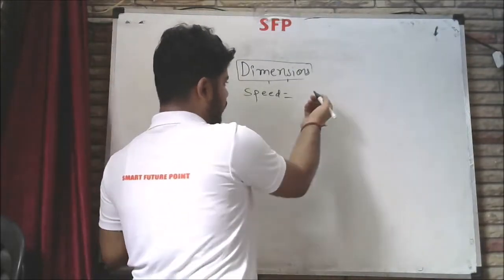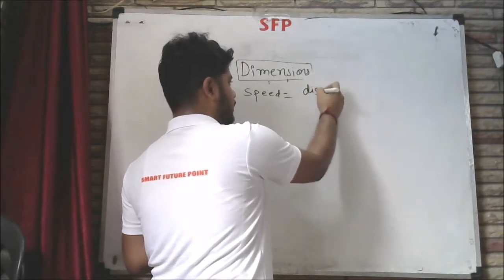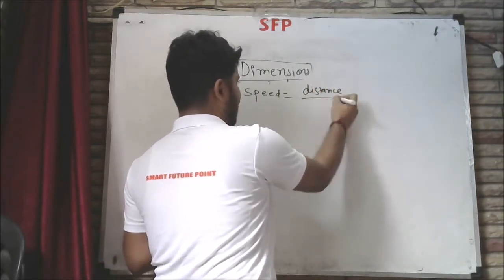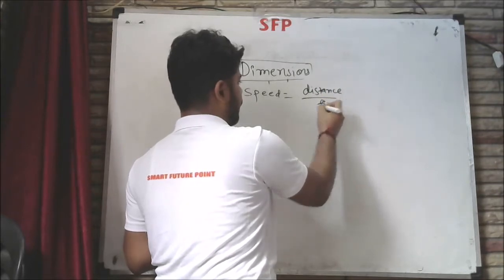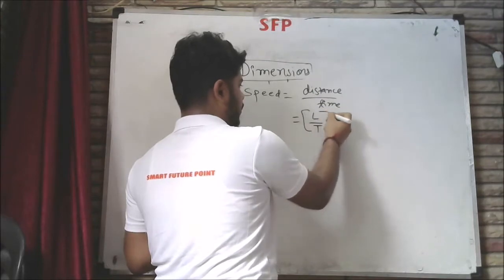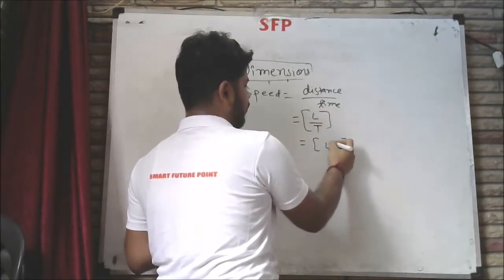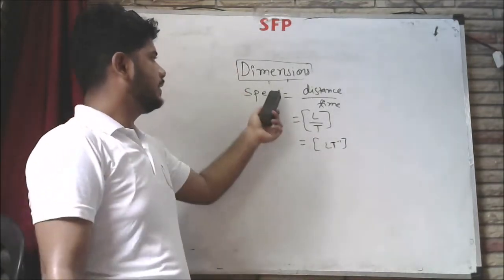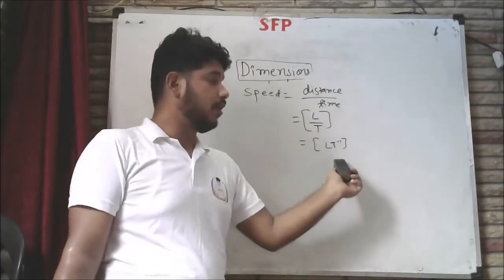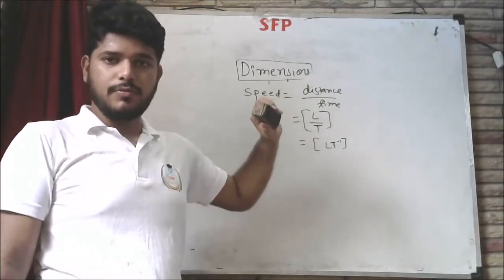The speed has a formula of what? It is distance divided by time. It means length is represented by L and time by T. So we represent it as LT minus 1. This is the dimension of speed. Fine.